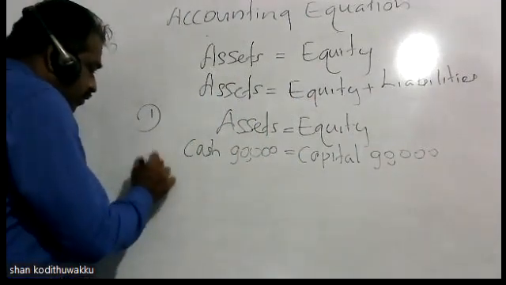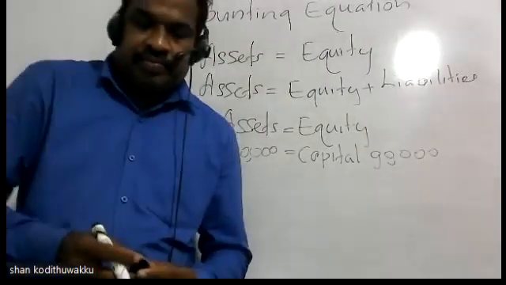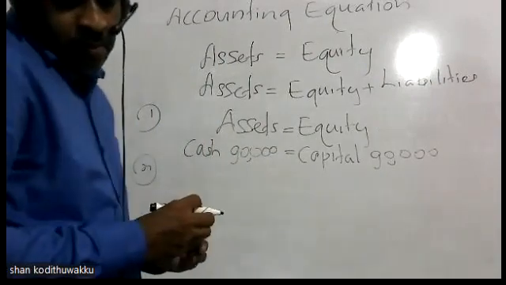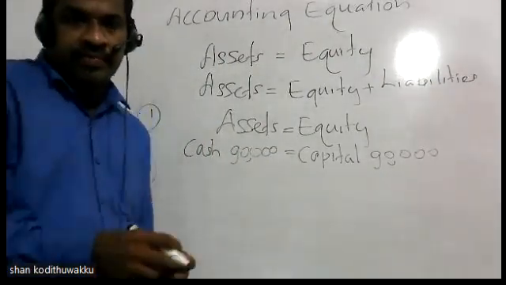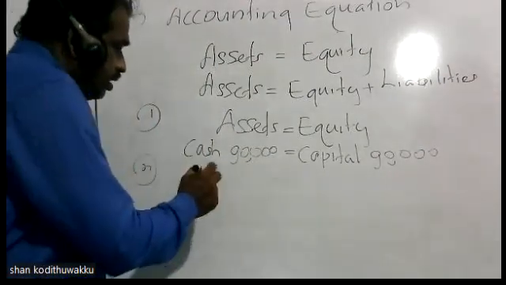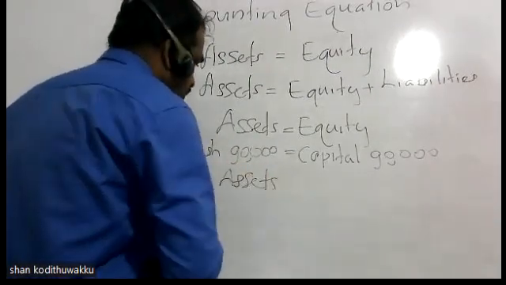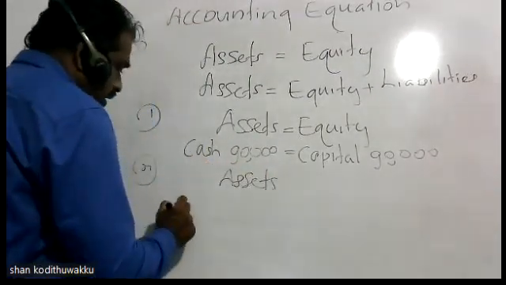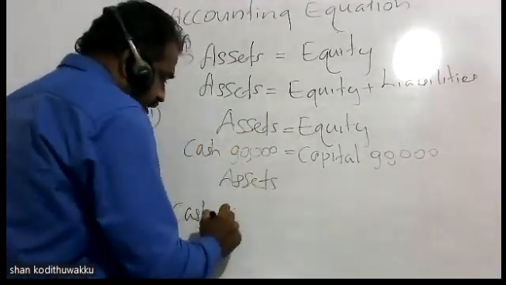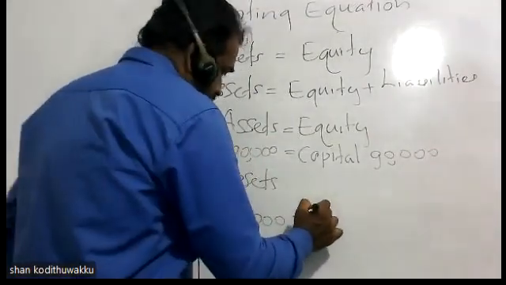Then example number two, if the owner takes a bank loan from BOC worth 100,000, then under assets you can have cash now 100,000 plus 90,000, 190,000, equal.